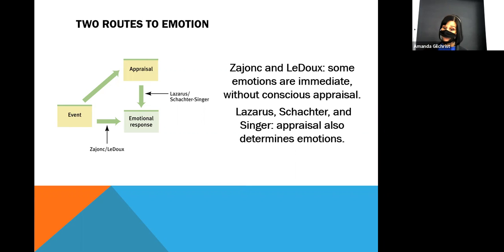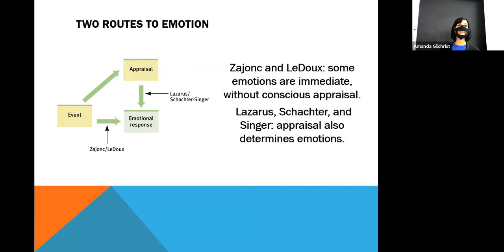So some theories about this come from different groups of researchers. A researcher by the name of Zajonc, yes, that's how you pronounce his name, it's like science, but it's Zajonc, and LeDoux said that there are some emotions that are going to be immediate, and you don't have to think very hard about them. And usually this is going to be for simple likes and dislikes.